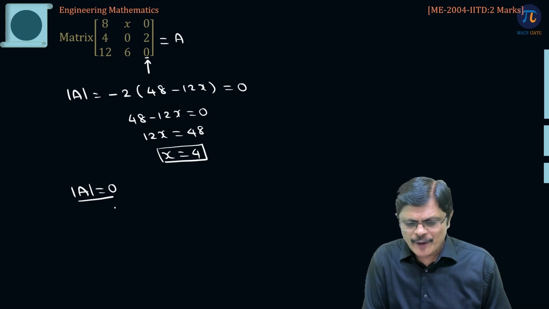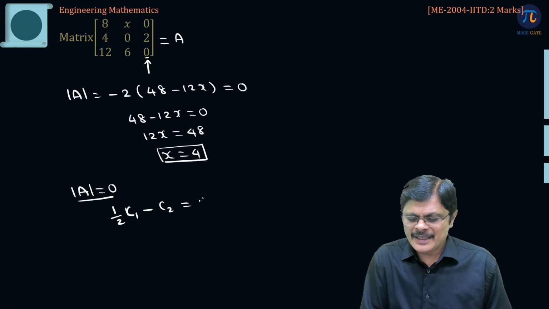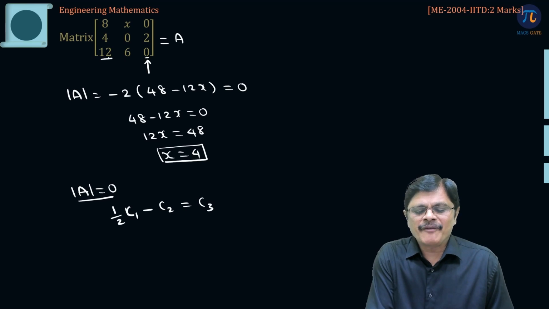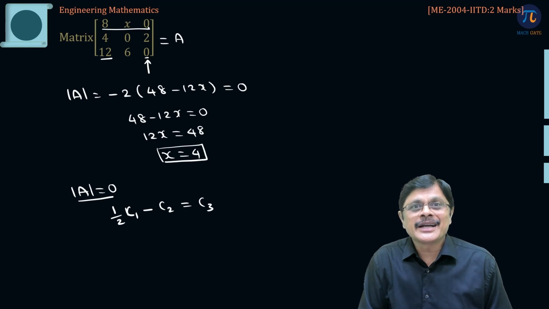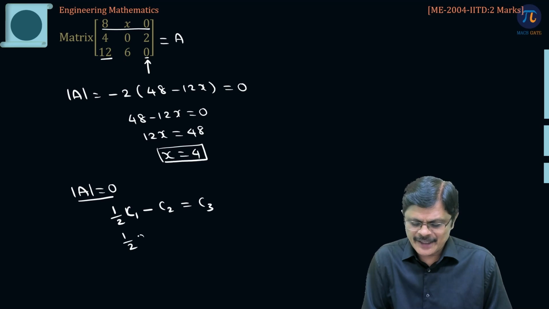See, for example, if you observe, half column 1 minus column 2 is column 3. Half of this, that is 6 minus 6 is 0. Half of this, 2 minus 0 is 2. So you can use that idea to get the value of x. That is, half into 8 minus x equal to 0. Therefore, the value of x is equal to 4.